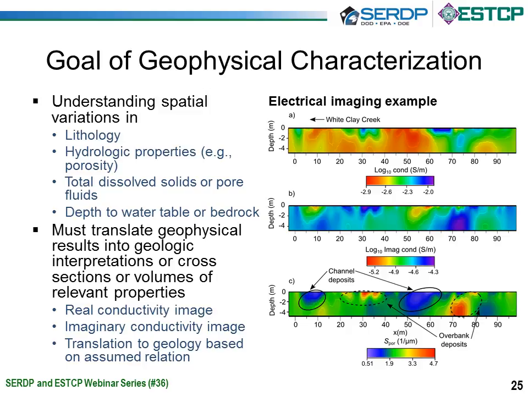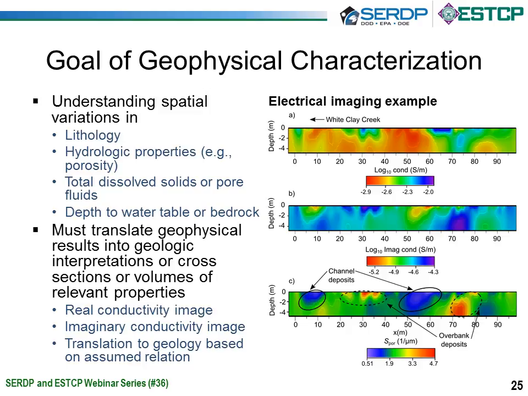So I next want to talk a little bit about the goals of geophysics. So there's really two things that we do with geophysics. One is characterization and the other is monitoring. So characterization is all about really understanding subsurface spatial variations in, let's say, the lithology or the hydrogeological framework of a site. Perhaps you want to get specific properties. You're interested in calibrating or informing some groundwater flow or transport model, and you need perhaps estimates of porosity or hydraulic conductivity.